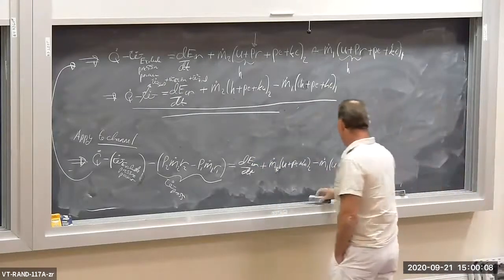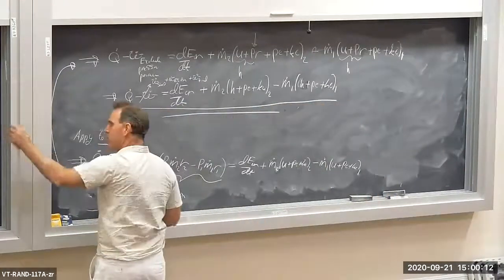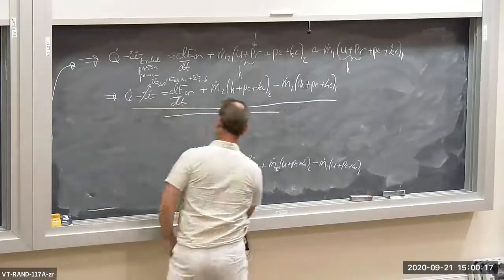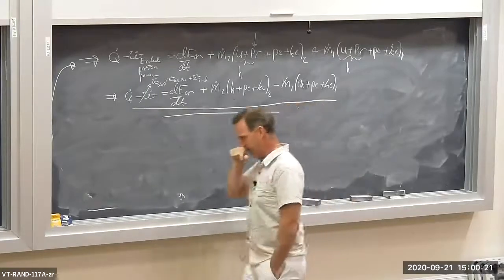Let's write the final version of the energy balance for multiple inlets and outlets. We had a single inlet, single outlet. For the example, let's generalize this for multiple inlets and outlets.